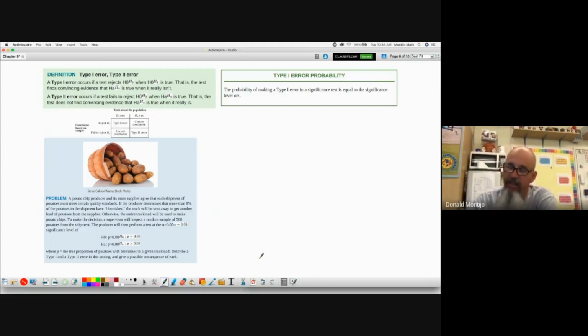Therefore, when we define the parameter, we're not defining mu anymore. We're defining p. In this case, what is p? Okay. p is the true proportion. The true proportion of what? The true proportion of potatoes.